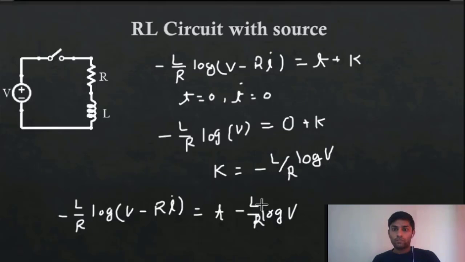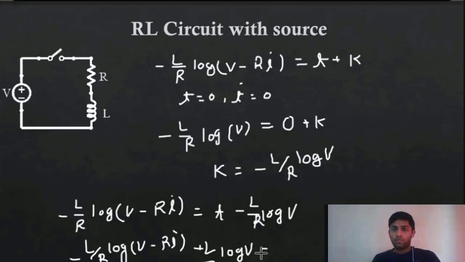Now if you rearrange the equation, taking this term to this side, you will get minus L by R log of (V minus Ri) plus L by R log V is equal to T. These are the logarithmic terms, and L by R is common, so let me take minus L by R common from this equation.